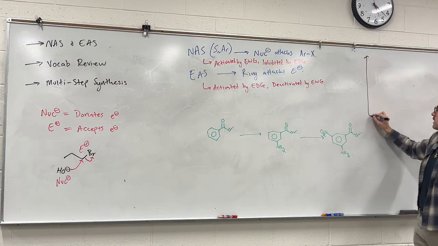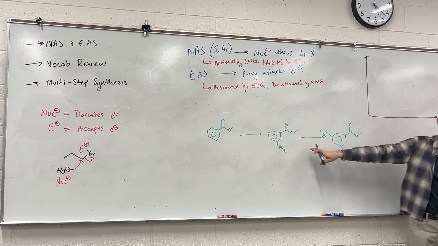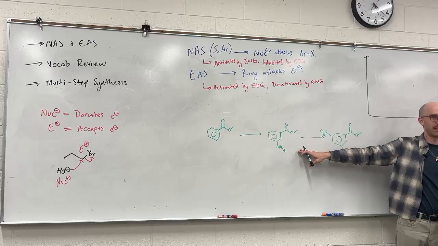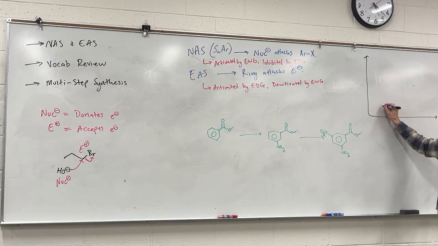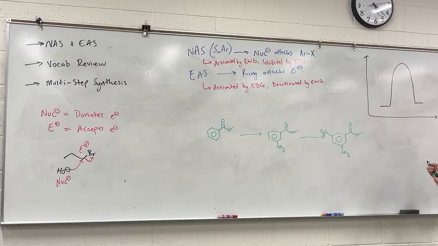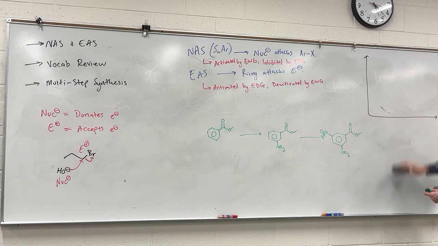So why is it that a doubly deactivated ring needs to be chilled on ice to make sure it doesn't react? What that means, if this is not a one-step mechanism, so I guess I can show the intermediate.